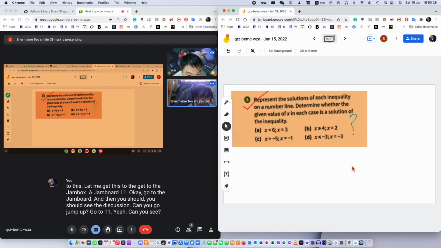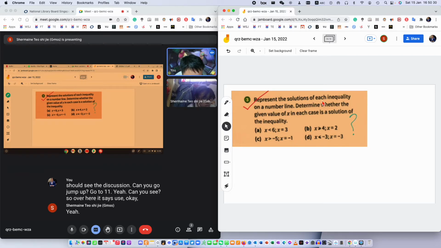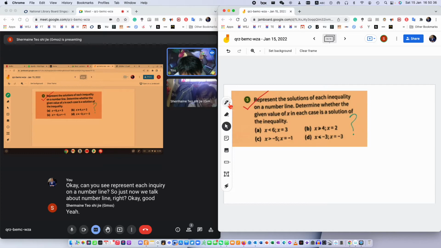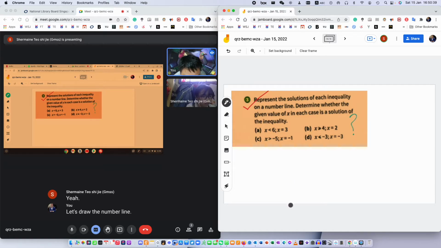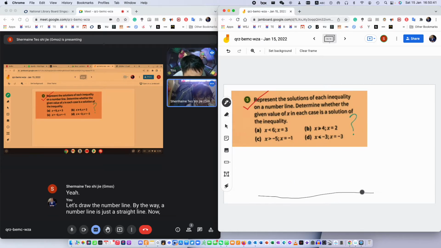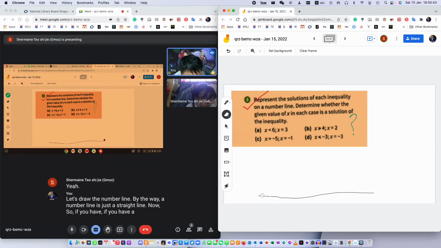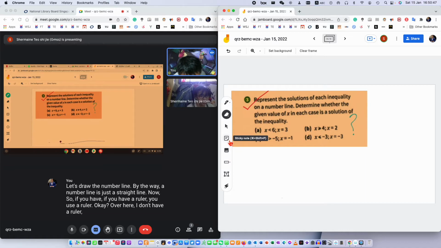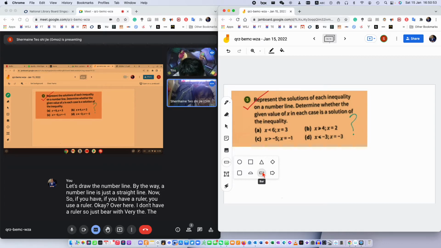Yeah. So over here it says represent each inequality on a number line. So just now we talked about a number line, right? Okay, good. Let's draw the number line. By the way, a number line is just a straight line. So if you have a ruler, you use a ruler. Over here I don't have a ruler, so just bear with the limitation I have.